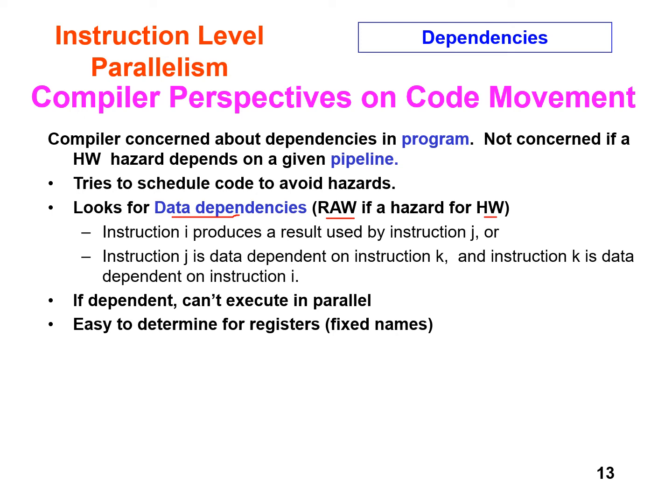This dependency arises if instruction I produces a result which is used by instruction J. So the first instruction I produces some result that is used by the next instruction. If we have such instructions, there is a chance for data dependency. Or else instruction J is data dependent on instruction K and instruction K is data dependent on instruction I. This is the chain.